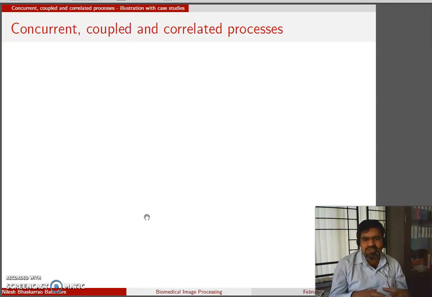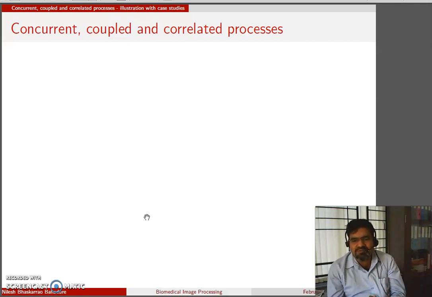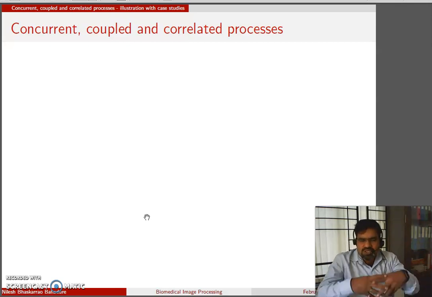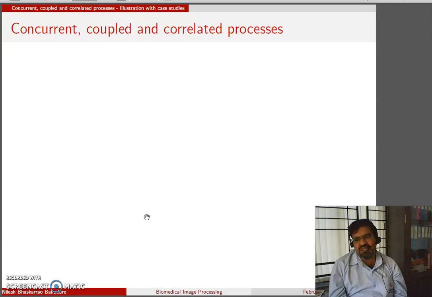Analyzing any signal process without due attention to others that are concurrent, coupled, or correlated with the process may provide only partial information and pose difficulties in the comprehension of the process. So detailed investigations are required in this case.